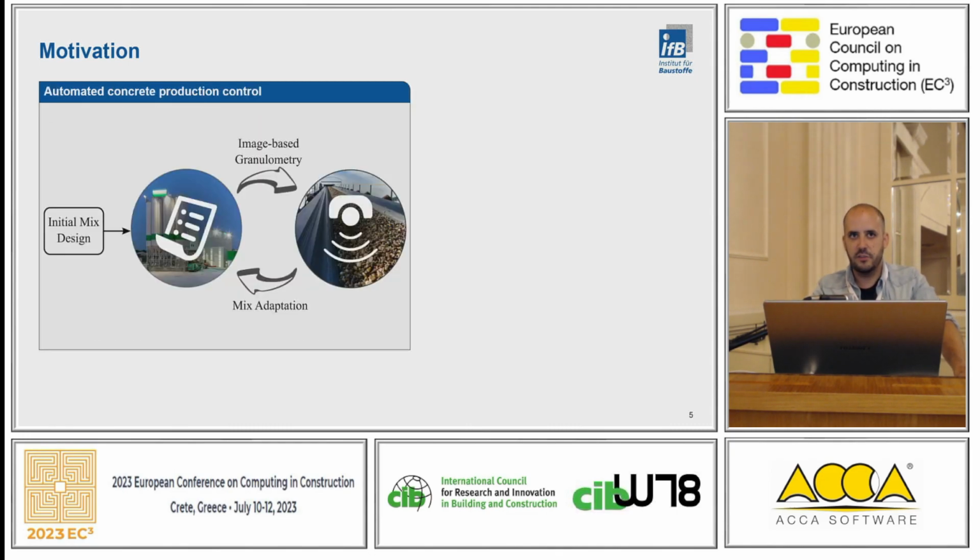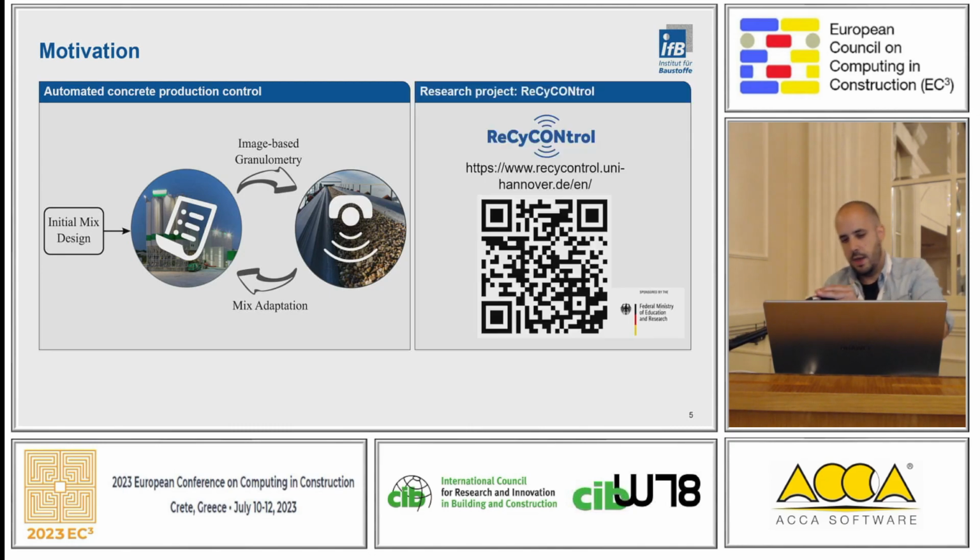If this information is available in real time during production, it can be used to adapt the mix design, to adapt the water demand or superplasticizer in real time to make sure that the desired concrete properties are reached. And this endeavor is part of a larger research project called Recycle Control. Just for interest, I put the website of this project here.